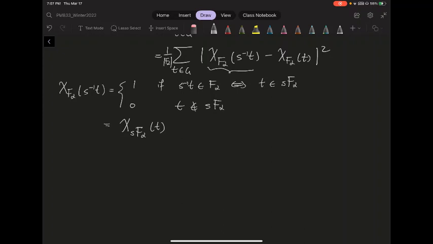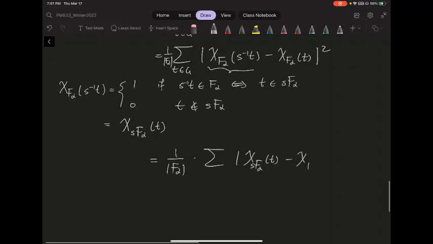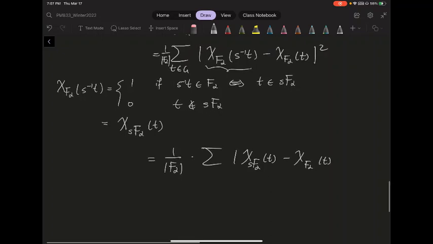So you can write it as 1 over the size of F alpha, and you compare the difference of two characteristic functions: s F alpha evaluated at t, minus the characteristic function of F alpha evaluated at t. Now we use the same argument from last time. You take the difference of two characteristic functions and take the square.